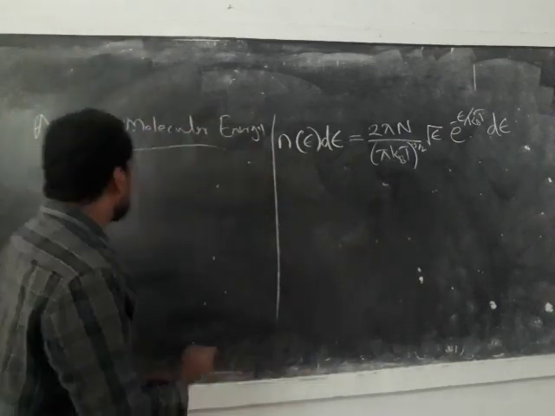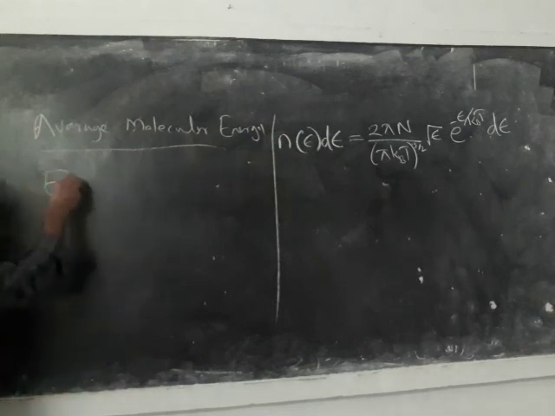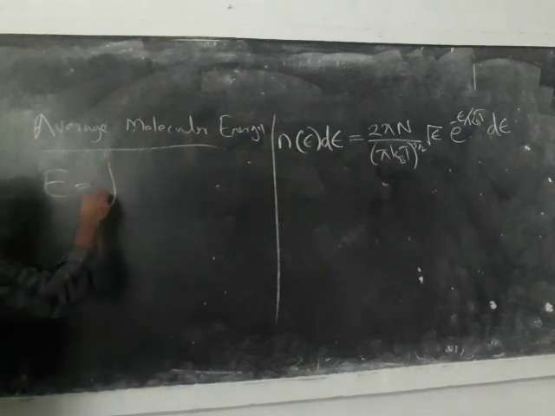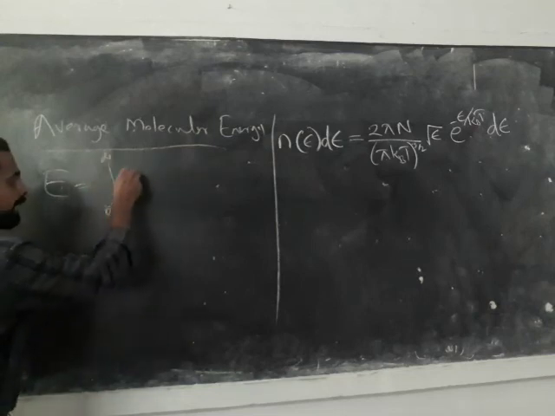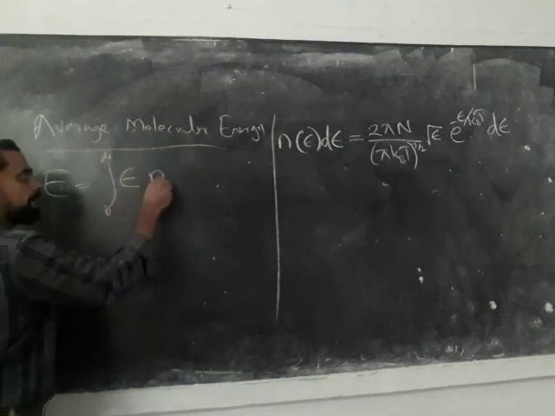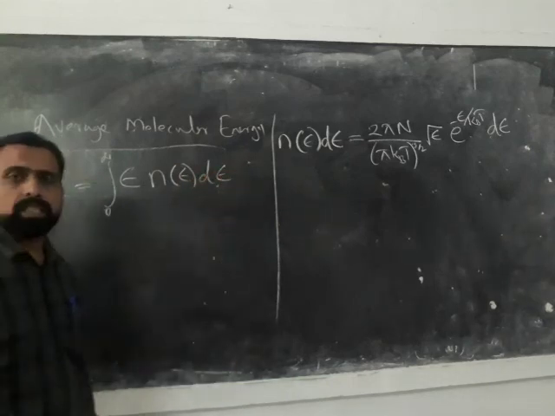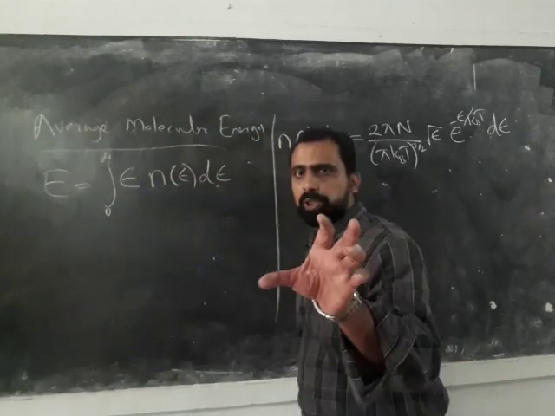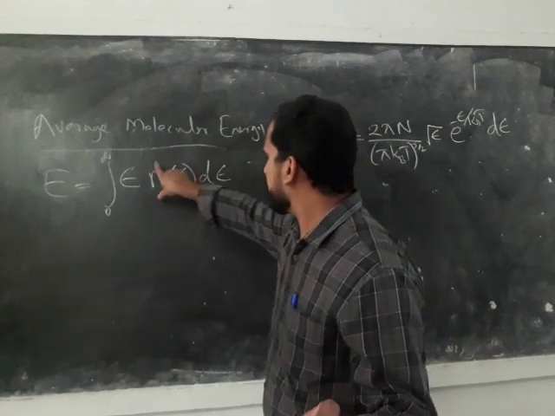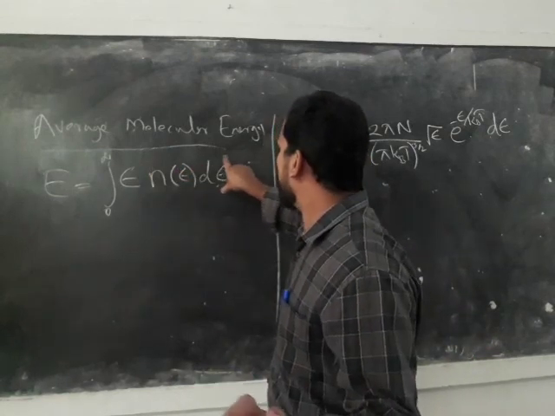So the total internal energy E is equal to the integral from 0 to infinity of epsilon n of epsilon d epsilon.